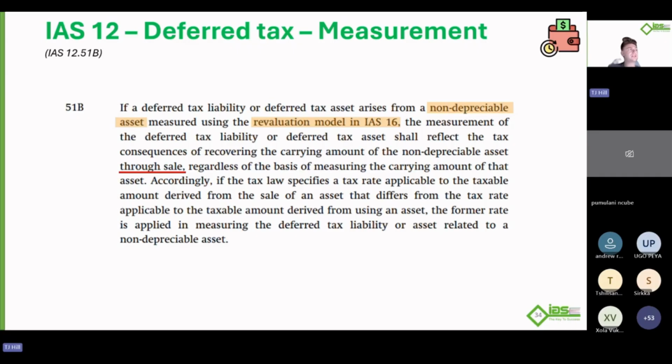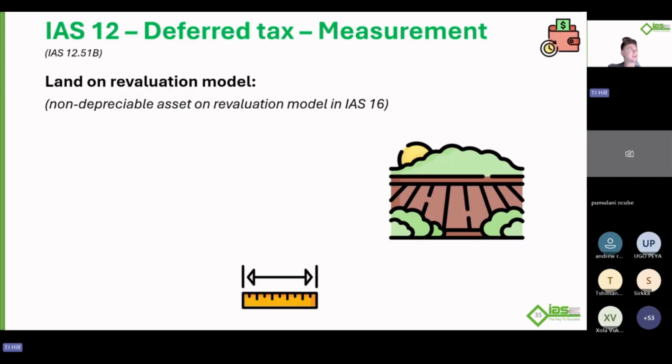You must assume it is through sale, regardless of the basis of measuring the carrying amount. A very common example of this is land on the revaluation model. Land is a non-depreciable asset, and if I say you've chosen the revaluation model, it is deemed to be recovered through sale.